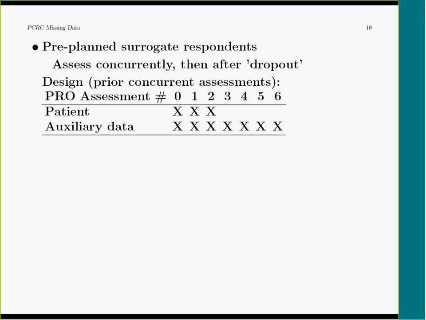The last two, particularly this one, are the most important, and you're rarely going to find good data if you don't plan for it ahead of time.